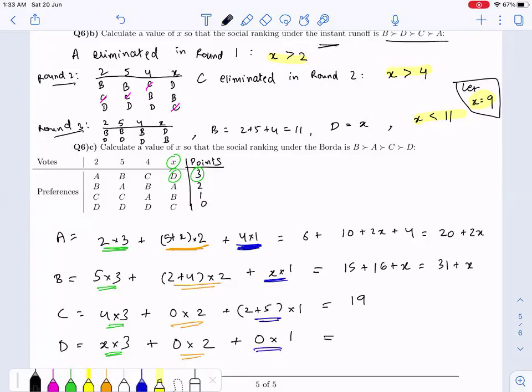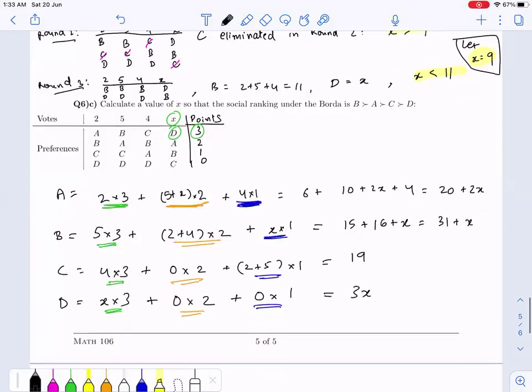This is 3x. Now we want the ranking in a way that B has the highest points, followed by A, followed by C, followed by D. So we want 31 plus X to be the biggest, followed by 20 plus 2X, followed by 19, followed by 3X.